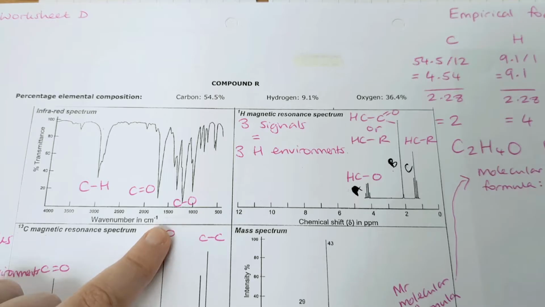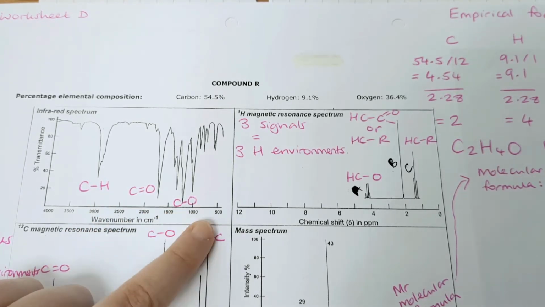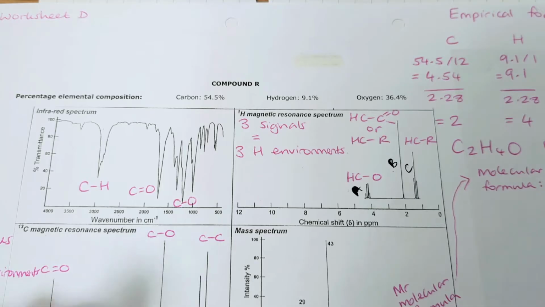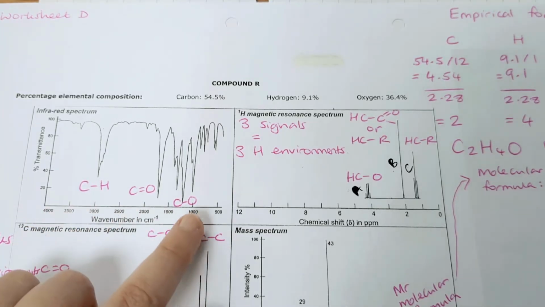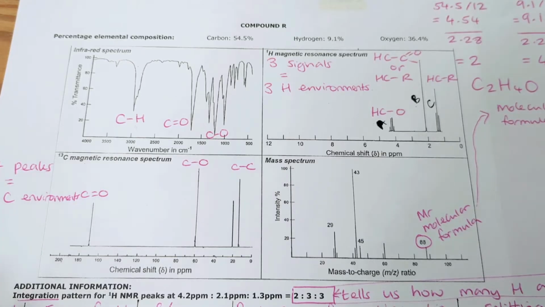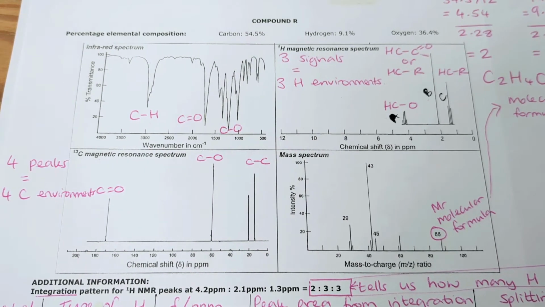The sharp peak around 1750 is a carbonyl, and there's also a carbon single bonded to an oxygen absorption here, just within the fingerprint region. And this suggests we have an ester functional group. So in these types of questions, we have to piece together all this kind of information like a puzzle.